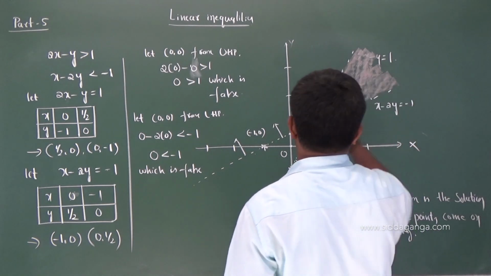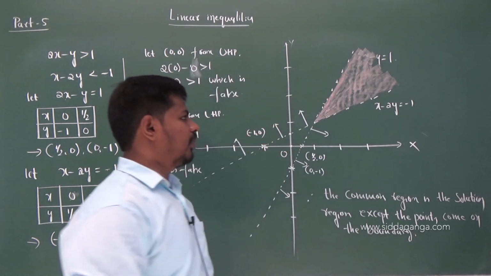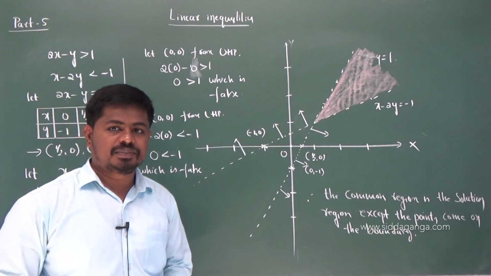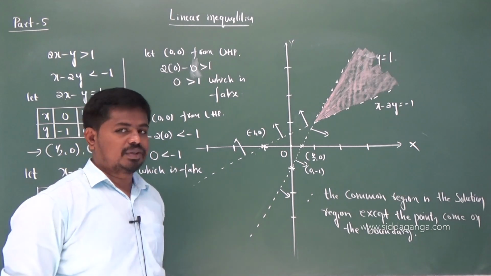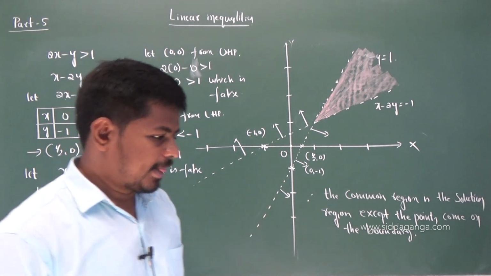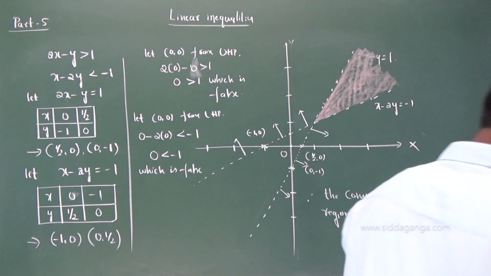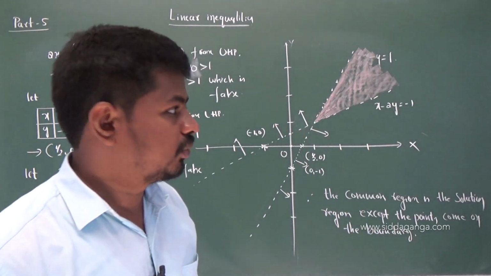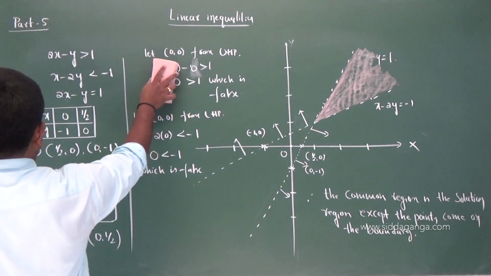This is a boundary. Okay, or except the points that come on the dotted line. That's it. This is how finding the solution is. Okay, let us move to one more problem.